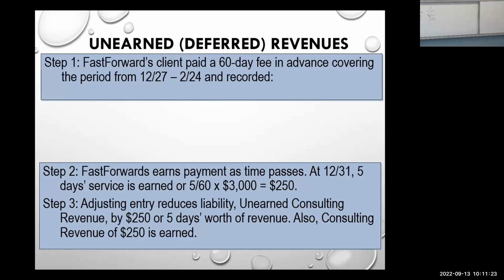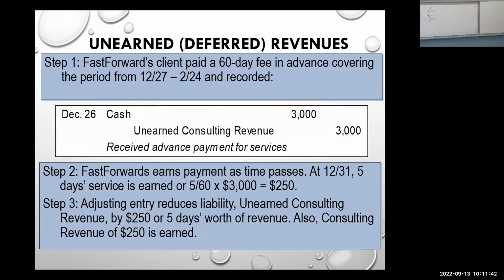Fast Forward earns payment as time passes. So at December 31st, 5 days, they earned $250, right, for 5 days of that service. And the adjusting entry reduces the liability of unearned consulting revenue.